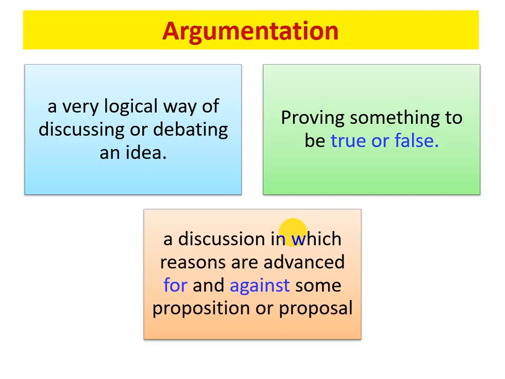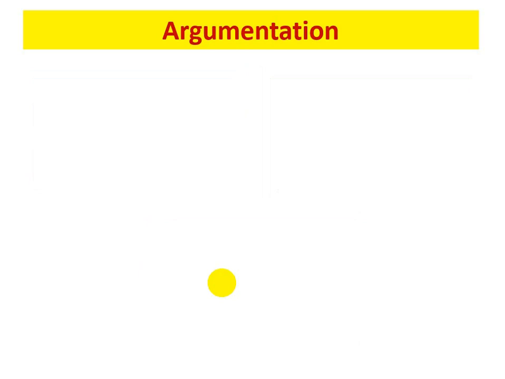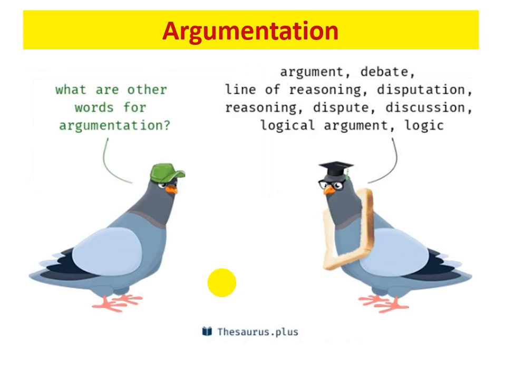We can even define argumentation as a discussion in which reasons are advanced for or against some proposition or proposal. So this discussion, or the process used in this discussion, is called argumentation. What are other words for argumentation?